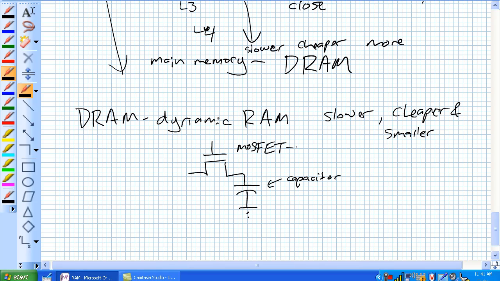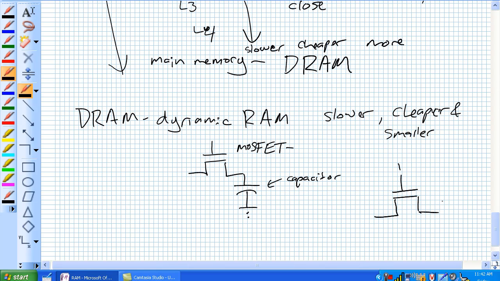So if you've gone through ET 221, you should understand what a MOSFET is. It's actually one of my favorite devices. But if you haven't, all it is is a switch.